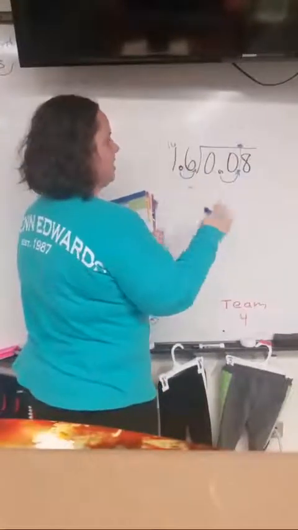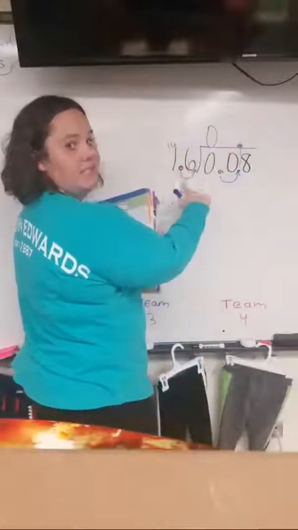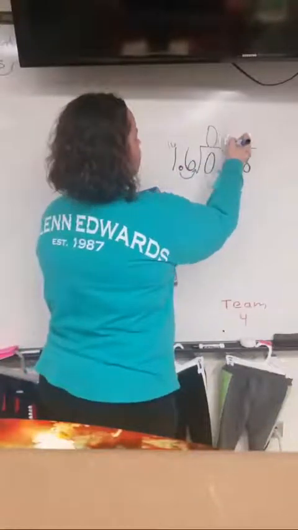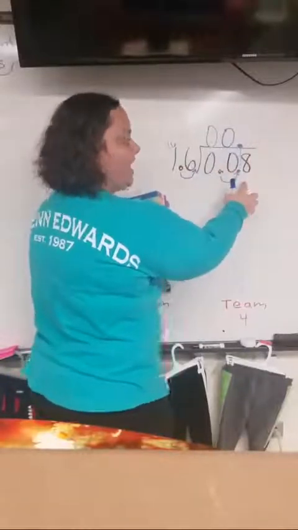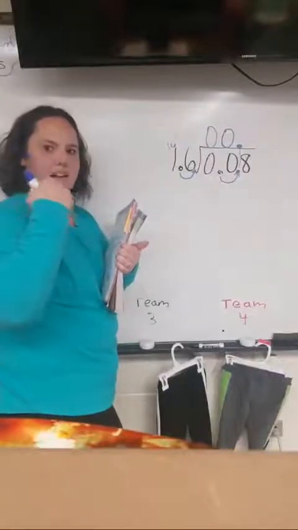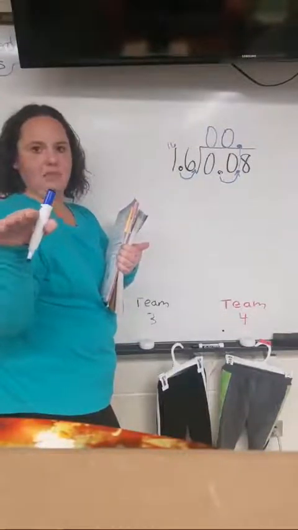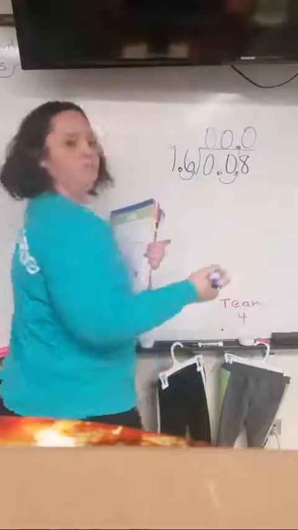So I'm still going to say, how many times does 16 go into 0? 0. How many times does 16 go into double 0? 0. How many times does 16 go into 8? If I have 8, how many groups of 16 can I give you? None. I have to put my 0.